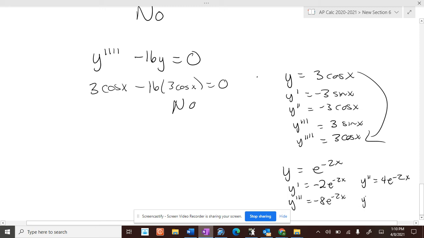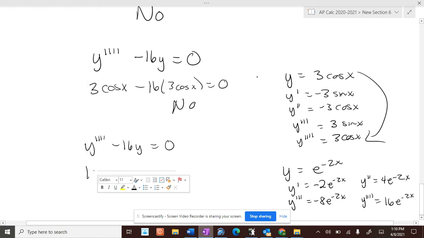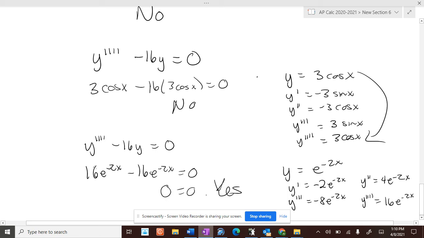What's the fourth derivative? 16e to the negative 2x. So if it's y to the fourth derivative minus 16y equals 0, 16e to the negative 2x minus 16e to the negative 2x equals 0. So this one is a yes.